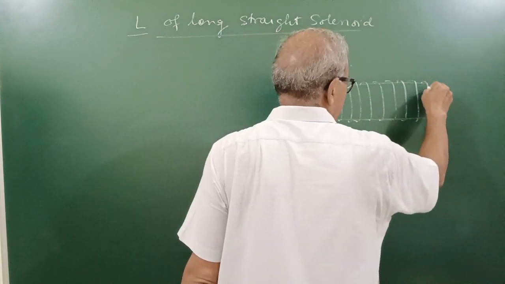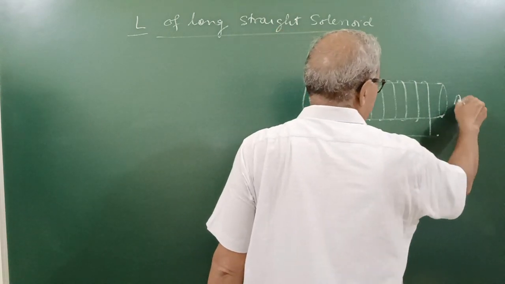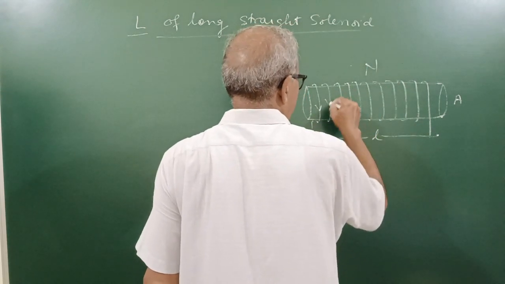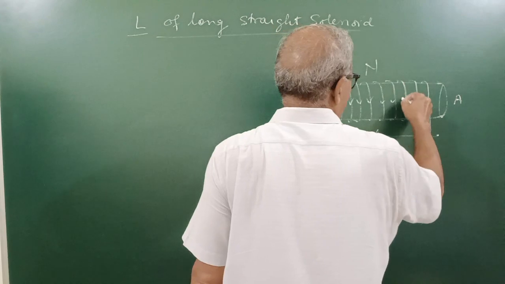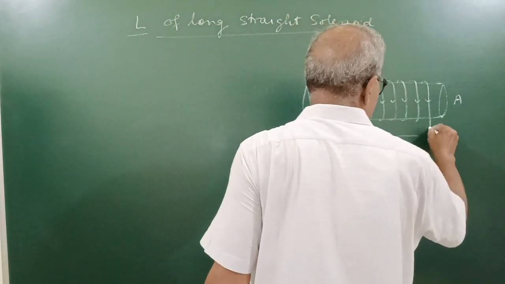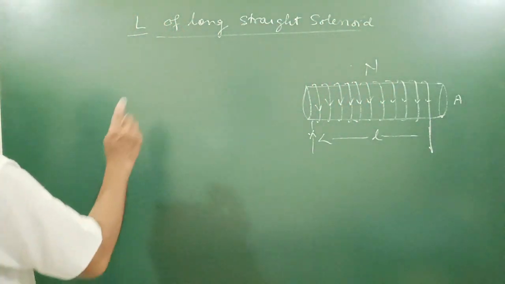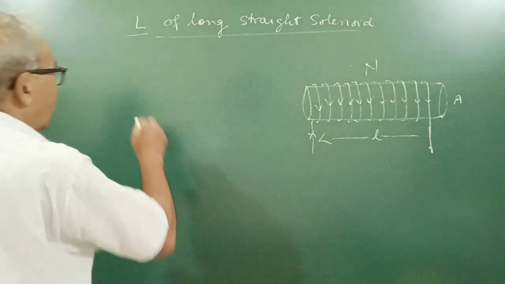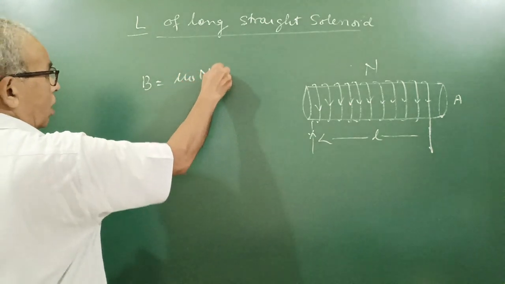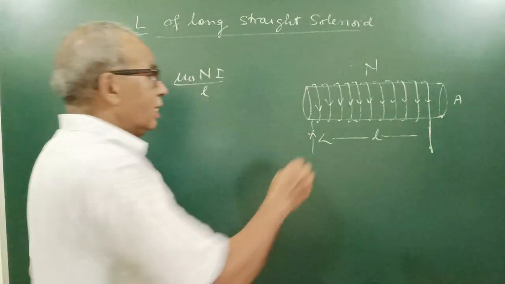This is a long solenoid of length L, area A and capital N turns. So if current flows this way, there will be a magnetic field pointing from left to right along the length. And I am writing directly the magnetic field of the solenoid, B equal to mu 0 N I upon L, the magnetic field near the center.